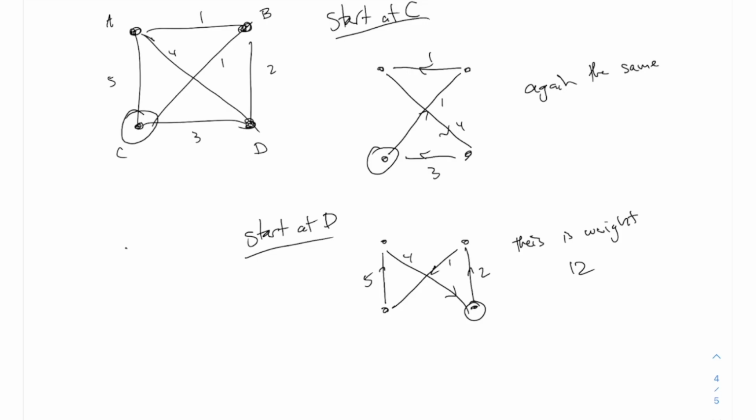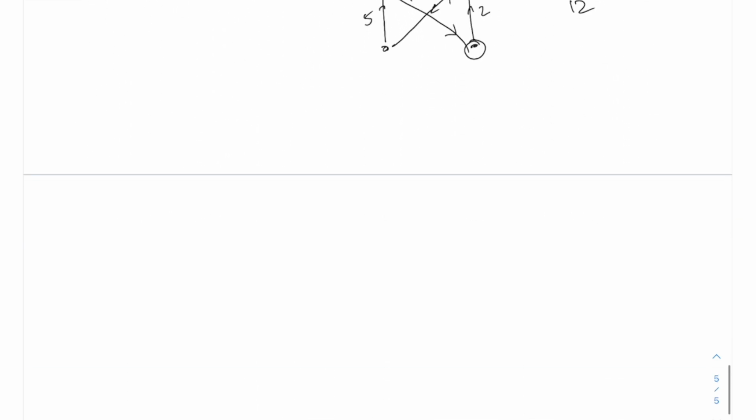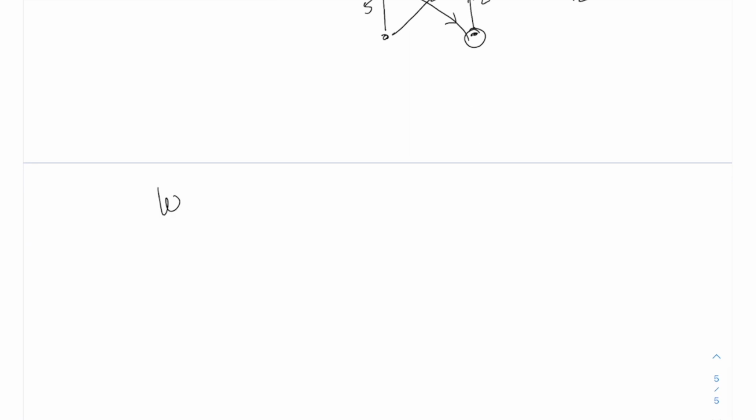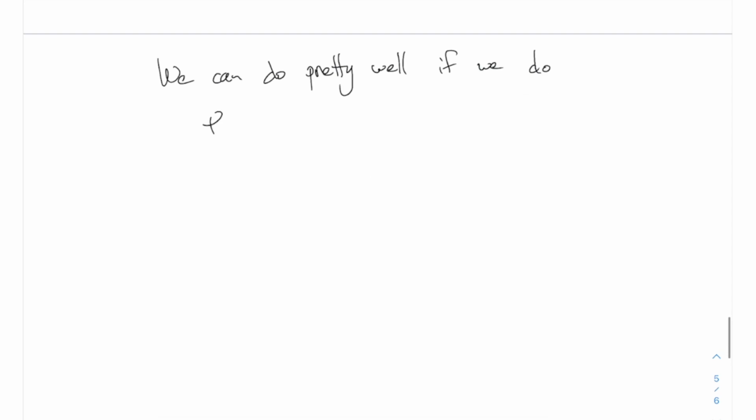So the fact that the nearest neighbor is comparatively very easy to do, if I ask you to do it, any one of these is really easy to do. Actually, we can do pretty well if we do what is called the repeated nearest neighbor.